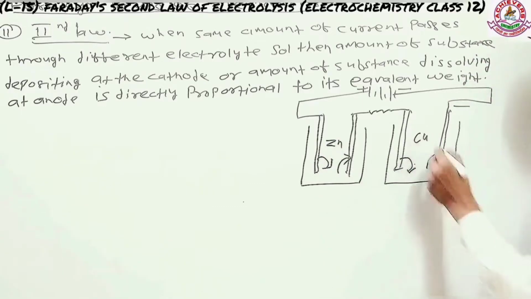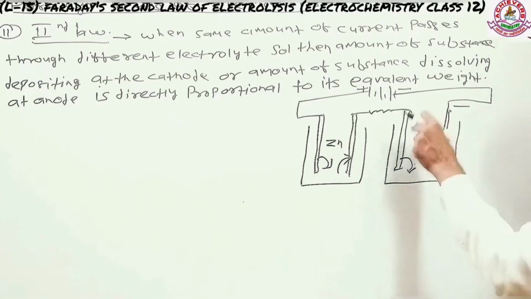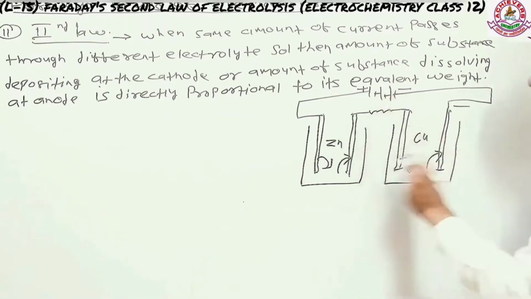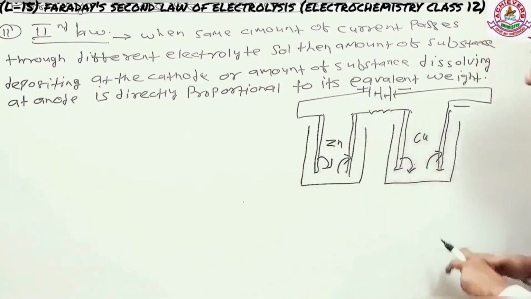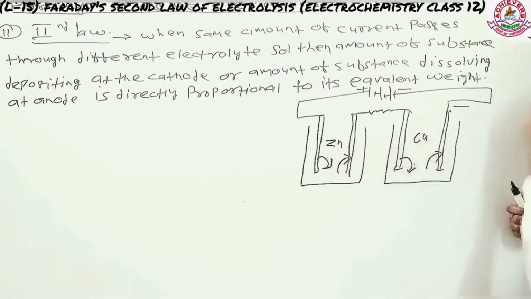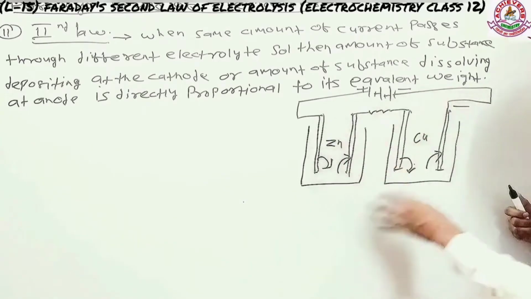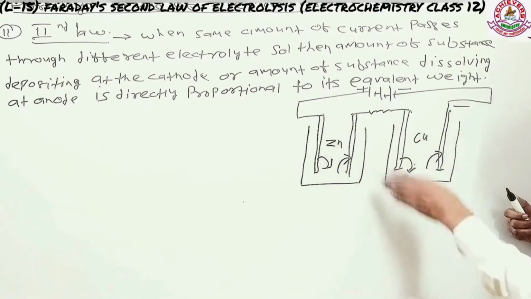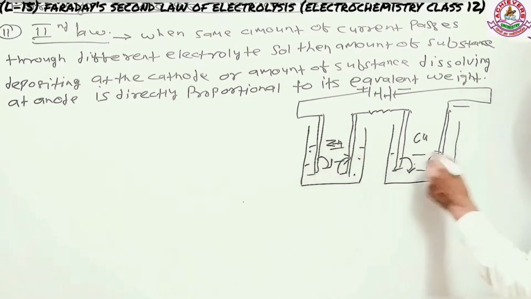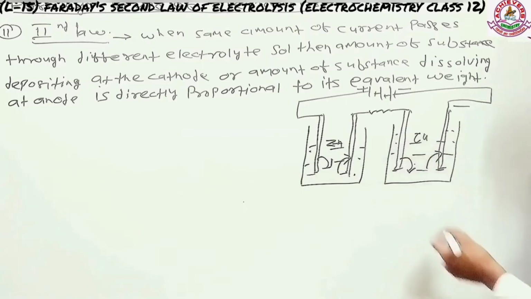So what you see here is that there are two electrolytic solutions. One is of zinc, the other is of copper, and they have been connected in series. And of course you have to put some solution in. I hope you don't mind thinking on your own.